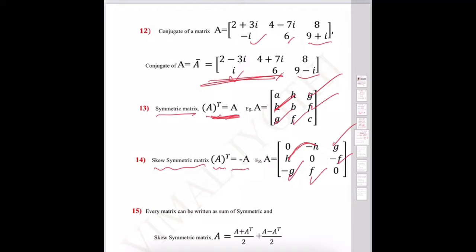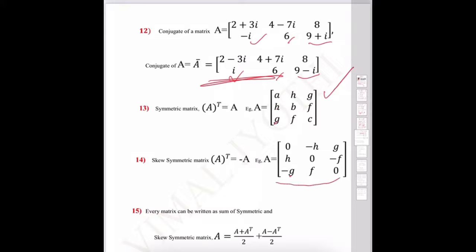And A is symmetric. These two are equal. A is symmetric. Okay. That is, this matrix A is symmetric, and this matrix A is skew symmetric.